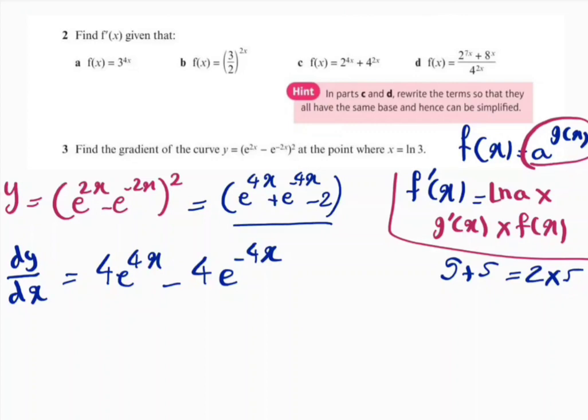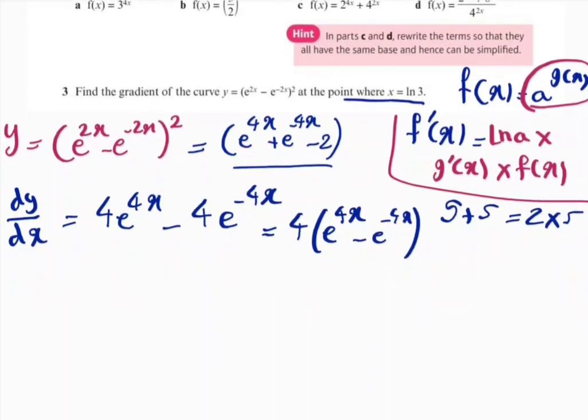Now we need to do one more step because we want to work out the gradient at the point when x is equal to the natural log of 3. It's better to take a factor of 4 before we substitute ln 3 into here. So we take a factor of 4 and we are going to have e to the 4x minus e to the minus 4x.